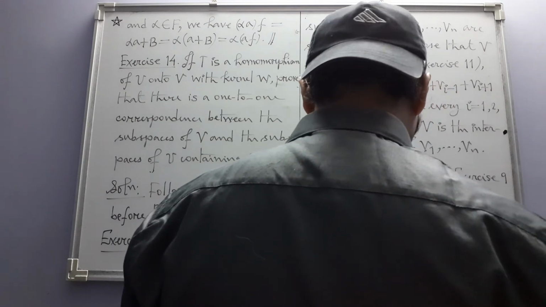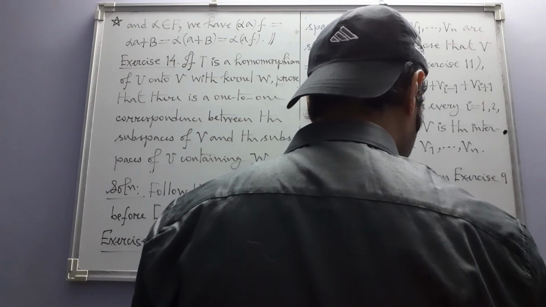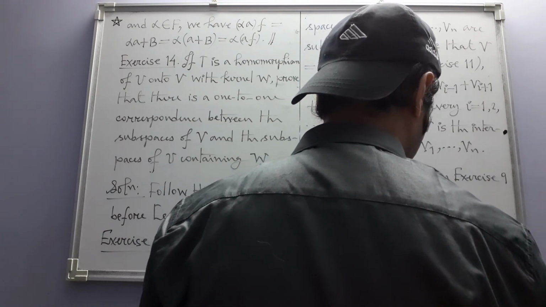Next, let V be the external direct sum of these vector spaces.